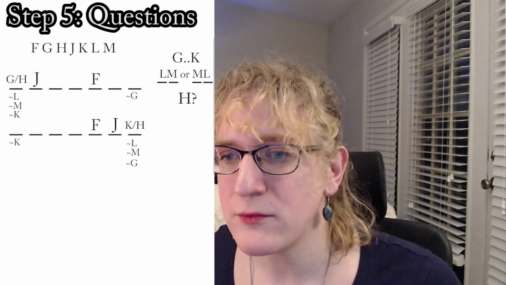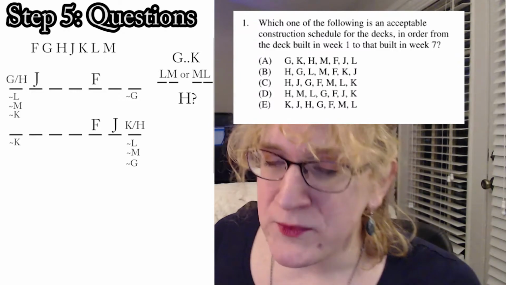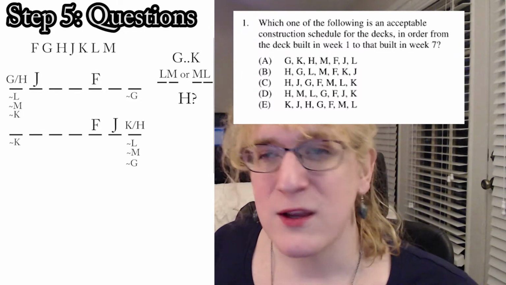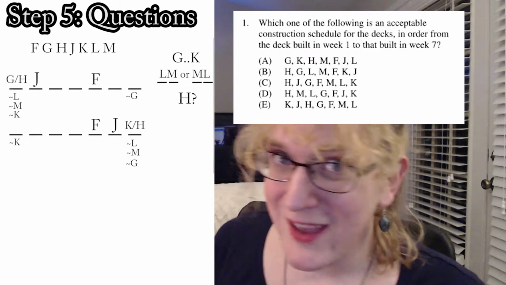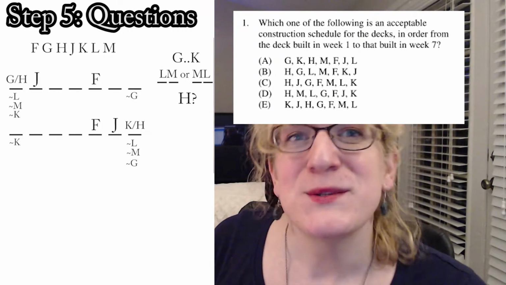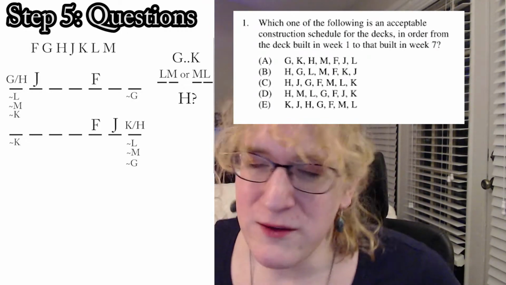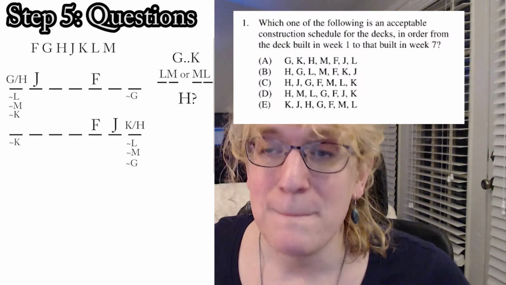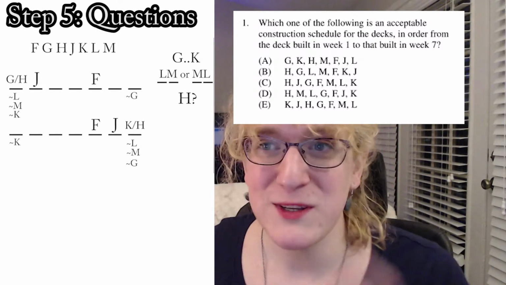Our first question, as is usual, is what's called an acceptability question. It's just asking which of these is possible, which of these could be true. So if it's looking for what could be true, all of the wrong answers must be false. Because if it could be true, it'd be the right answer, we'd circle it, we'd be done.